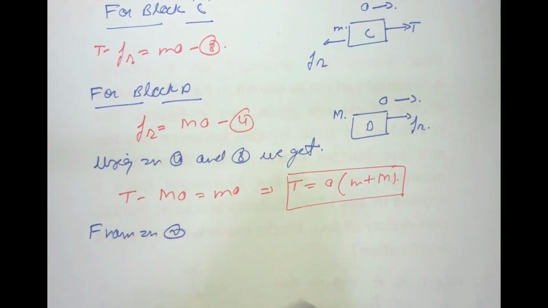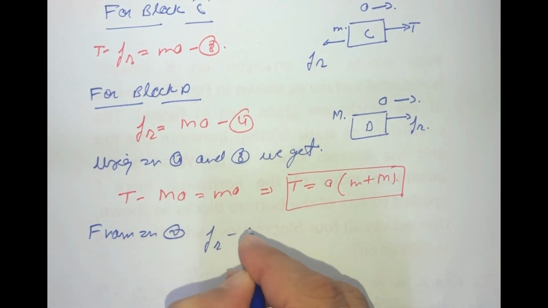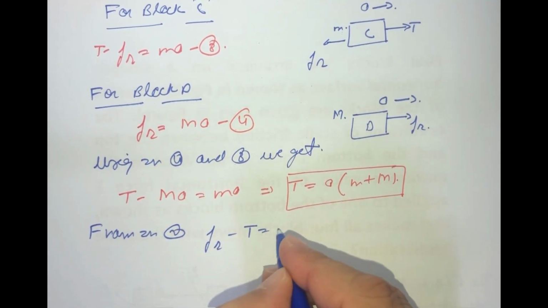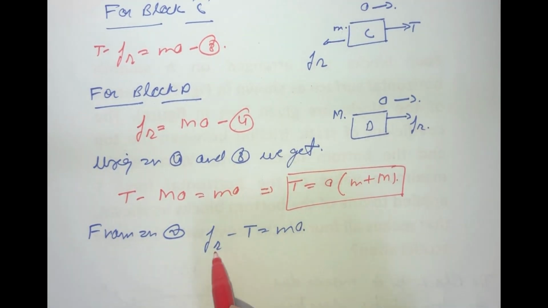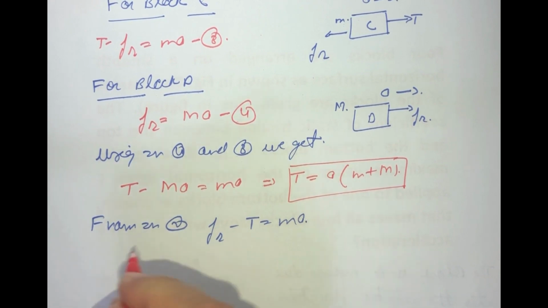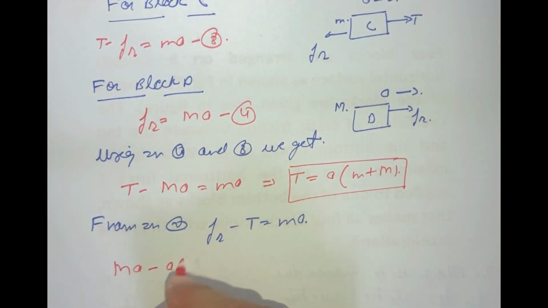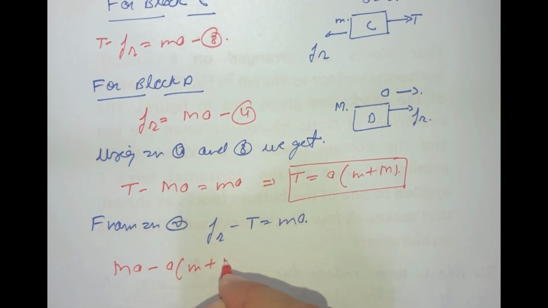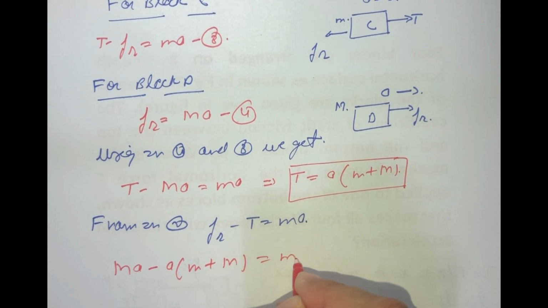Okay, so let me write here, from equation 2 we have FR minus T is equal to ma. We know the value of FR, we know the value of T, we put it here.